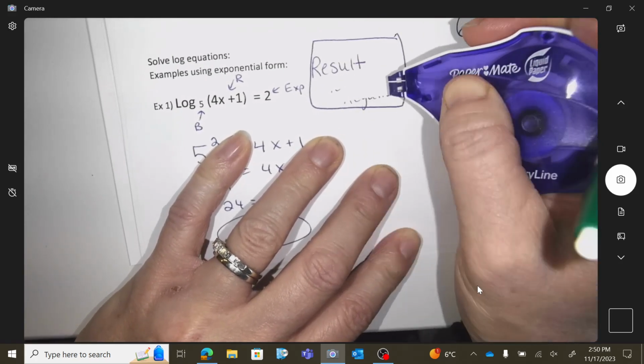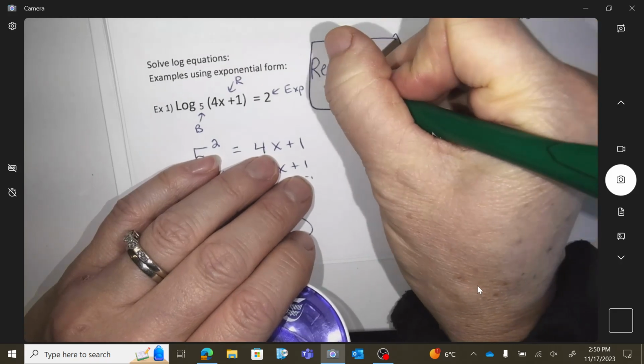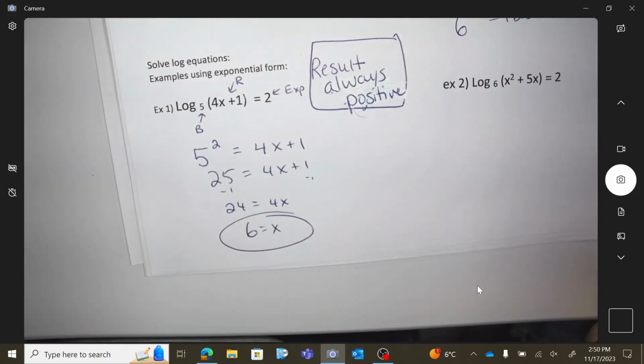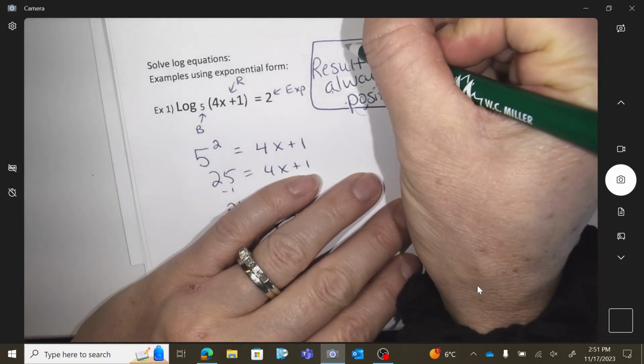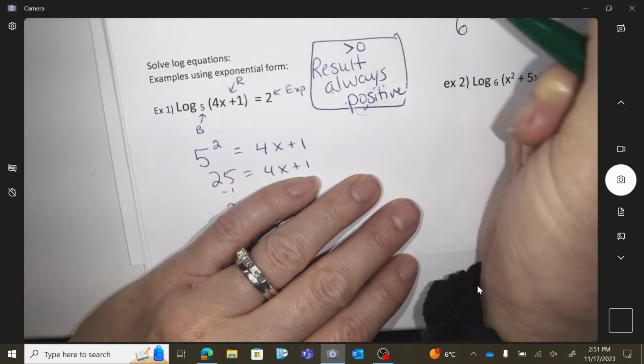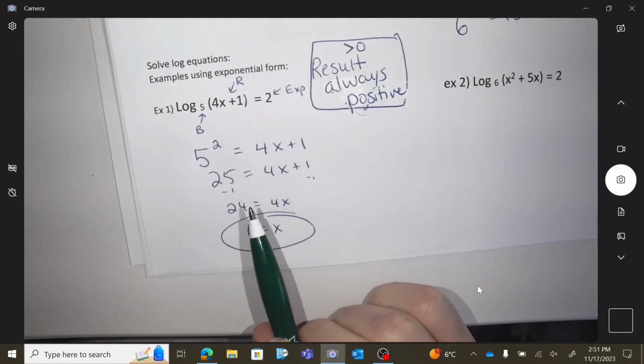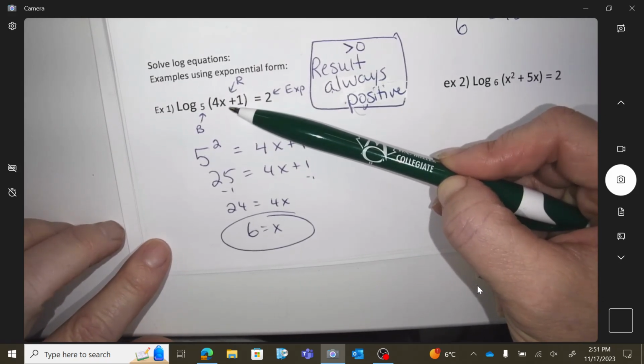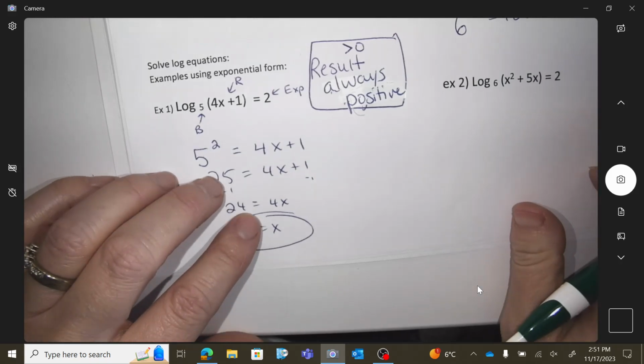Sorry if you wrote in pen, I'm going to rewrite that. You can't be negative, but you also can't be 0, so you always have to be greater than 0. If you put a 6 into this result spot, are you going to be positive at the end of that?